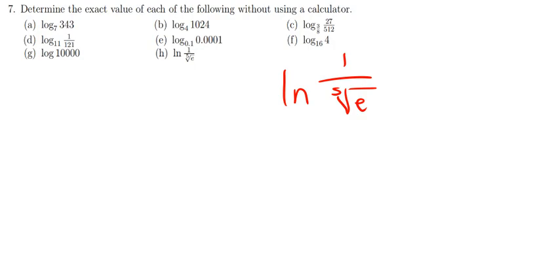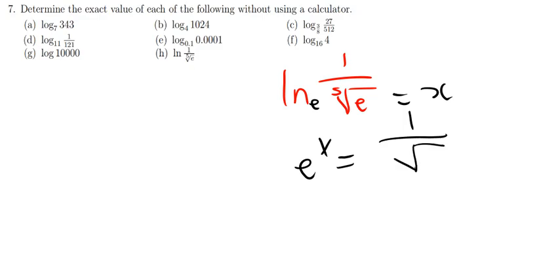But if you don't want, you can just equate this equal to x, then you are trying to solve the value of x. You remember it is to base e. So you can say e raised to the power x is equal to 1 divided by the fifth root of e. Have you seen what I've done?